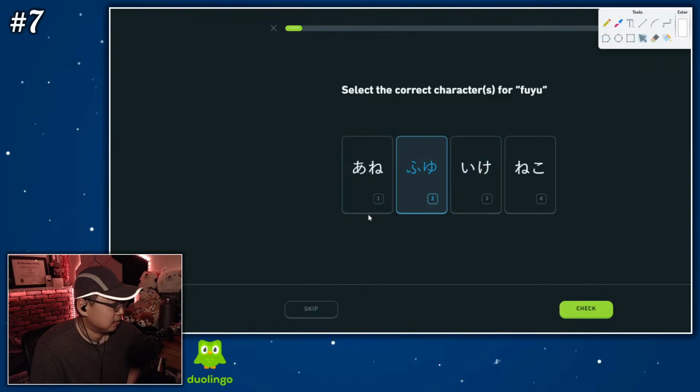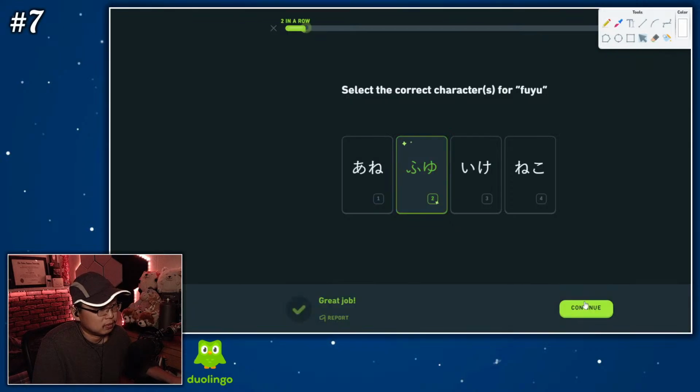Ane, I don't know. I think ike is garden or something. Maybe pond. No, wait. We'll find out later. It's going to come up. It doesn't tell me. Sometimes it tells you what the word is down here. Ike is pond? Okay.